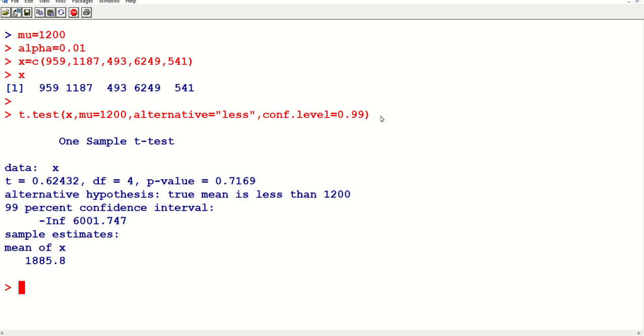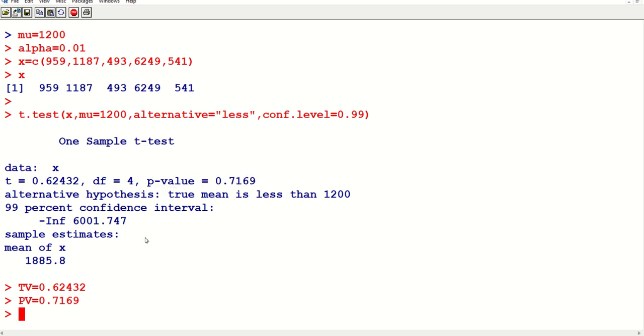Okay. Now enter it. The moment you enter, you will get two values. What is the t value here? The test value. And what is the p value here? So you can write the test value in this case is 0.62432. And what is the p value in this case?